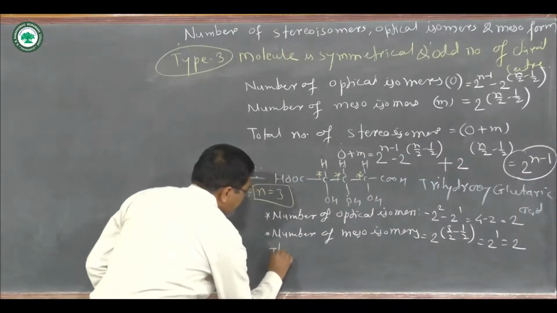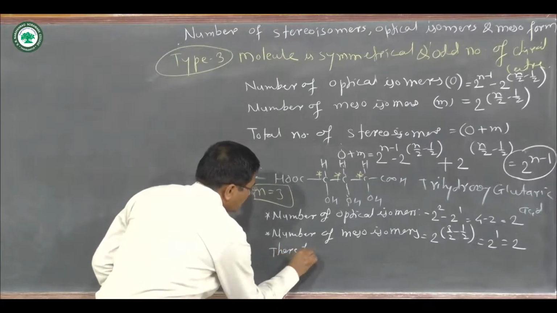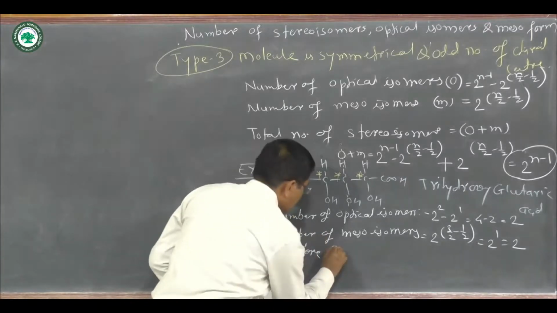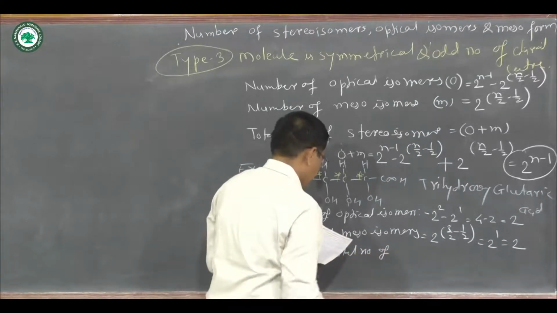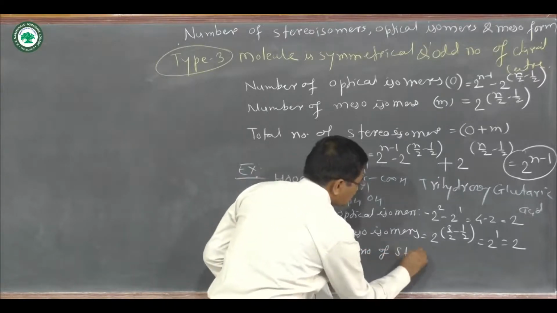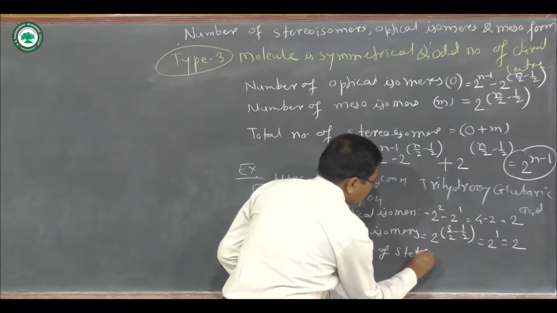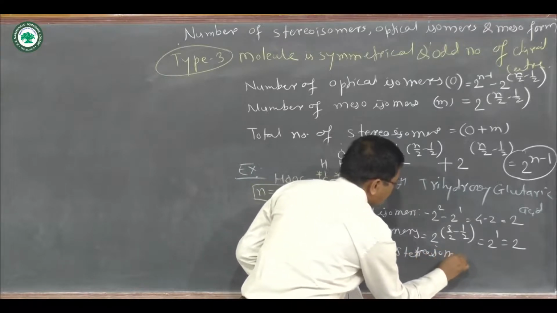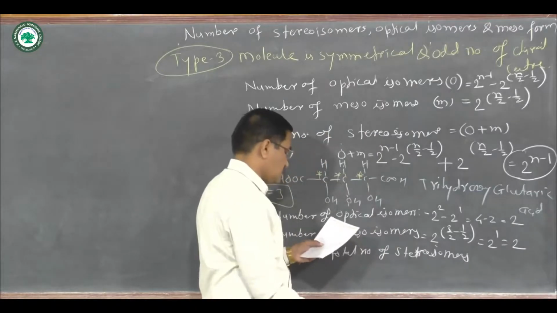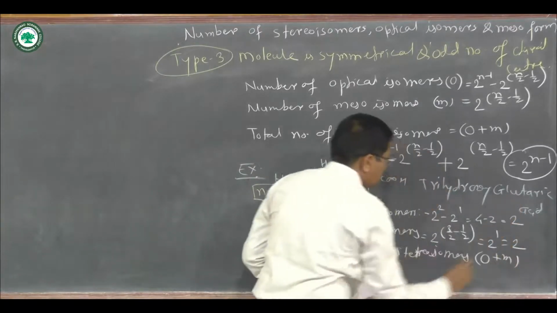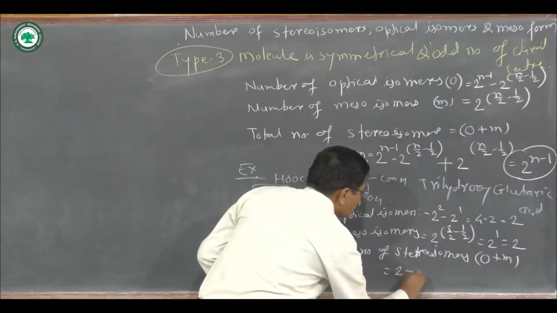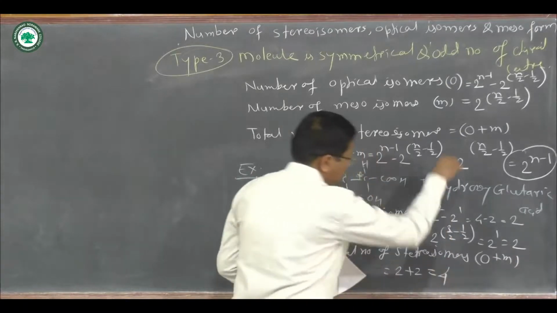Therefore the total number of stereoisomers is the addition of optical isomers and meso isomers, so 2 plus 2 equals 4.